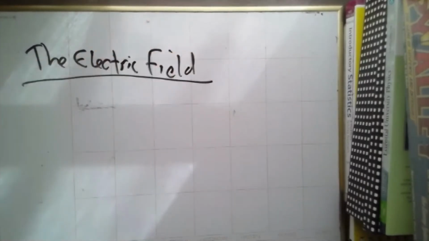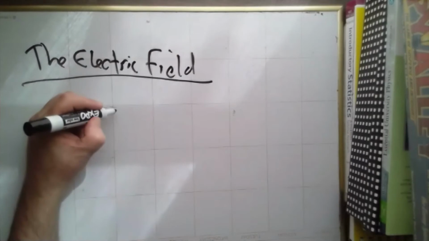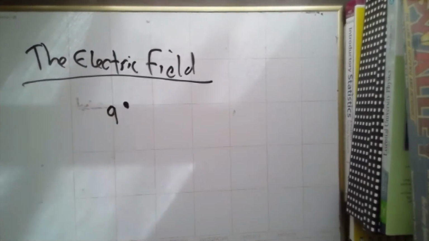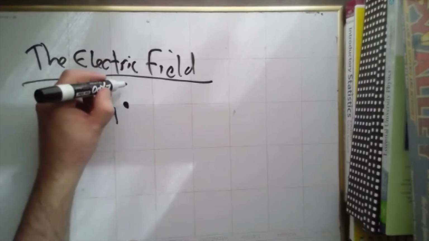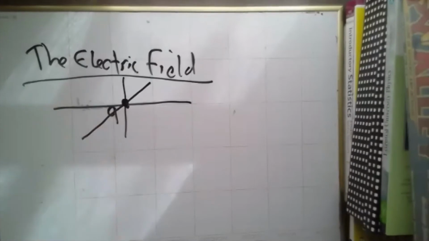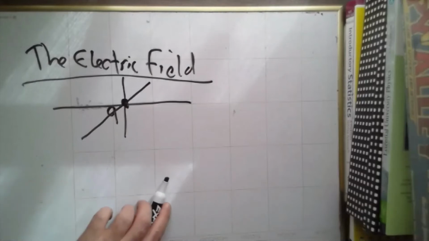So I have in my universe right now, my entire universe is just a single charge located, let's say, at the origin. That one charge changes all of space. It literally bends space by a certain amount. Imagine kind of like a trampoline.